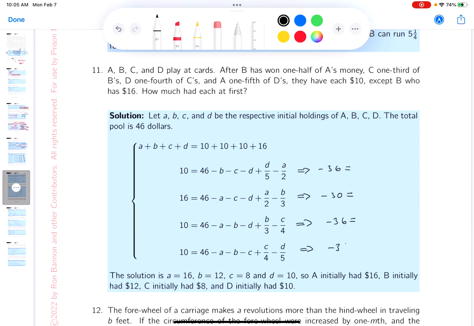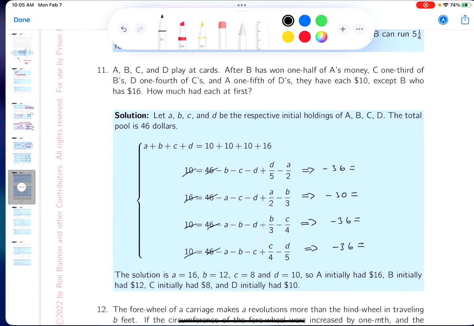I hope that's not too bad. I've taken care of these numbers. But I got fractions, right? And to get rid of the fractions, I'd have to multiply the first line by 10.